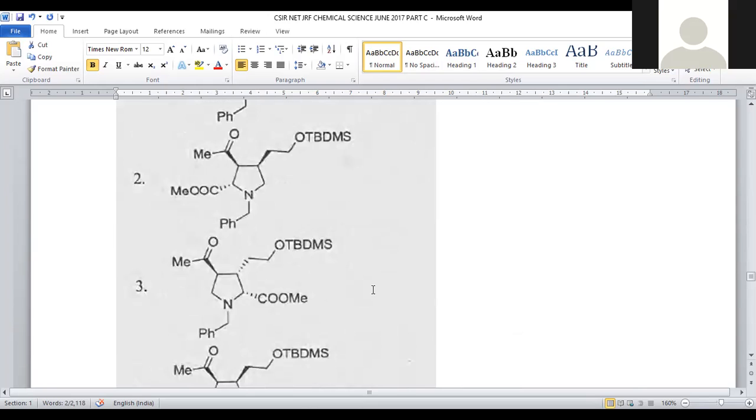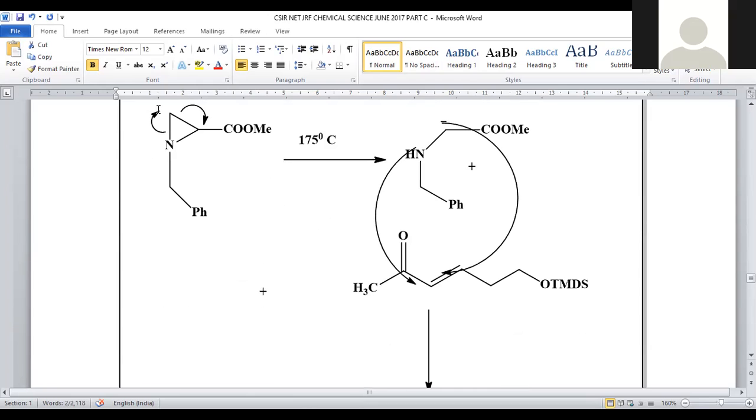Let us see what will be the product. So this 3-membered ring structure was given to us at 175 degrees centigrade. What it will do, it will participate in ring opening. Whenever ring opening reaction is carried out, there is a generation of a carbocation, and nitrogen already has a lone pair of electrons at this position.